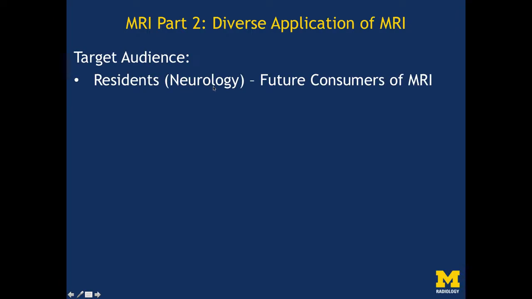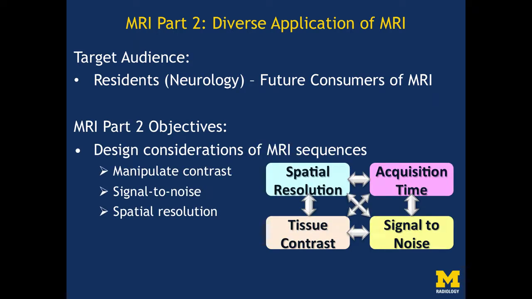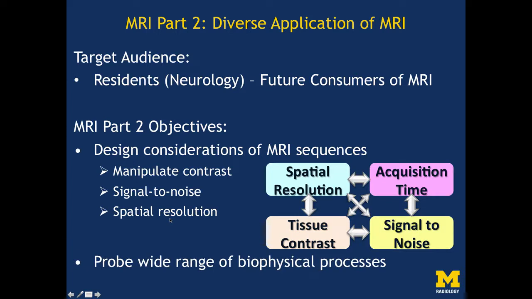My target audience is residents in neurosciences, who I view as the future consumers of MRI. The objectives of this podcast are to elaborate a little bit more on the design considerations of the various sequences we have when we are targeting different objectives: to manipulate contrast, to improve signal to noise, or in certain instances to image anatomy with much greater spatial resolution.